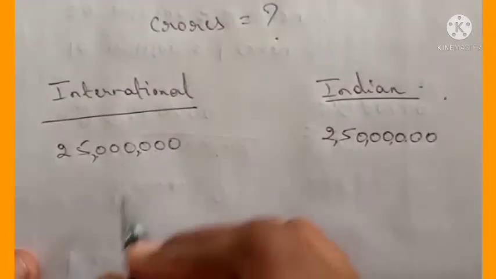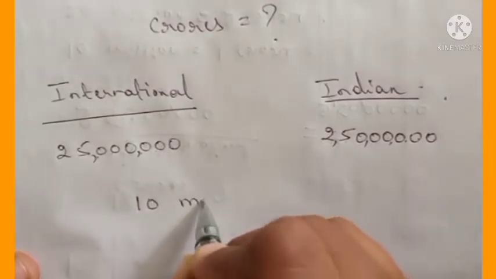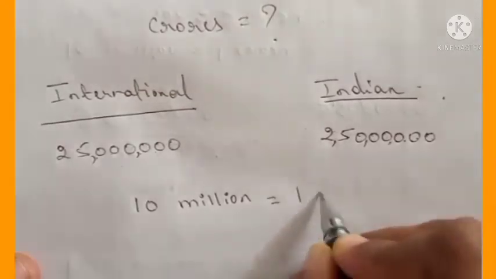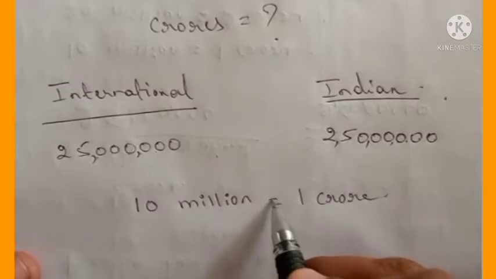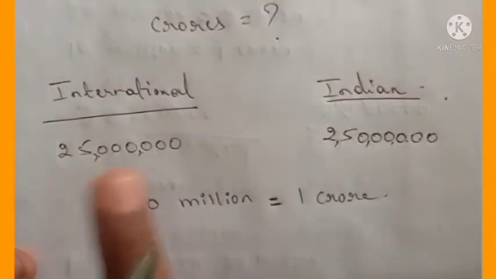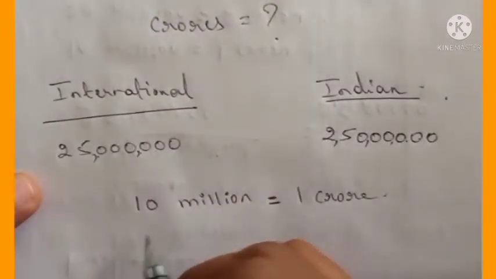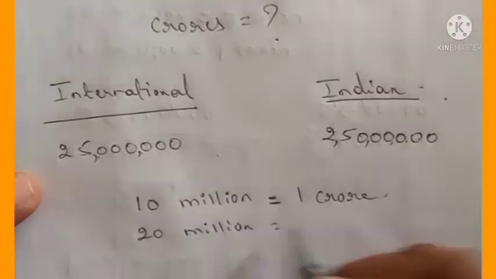Now, dear children, 10 million is equal to 1 crore. So you should keep it in your mind. 10 million is equal to 1 crore. Here how many they have asked? 25 million. Okay, so now 10 million is equal to 1 crore. 20 million is equal to how much? 2 crore.